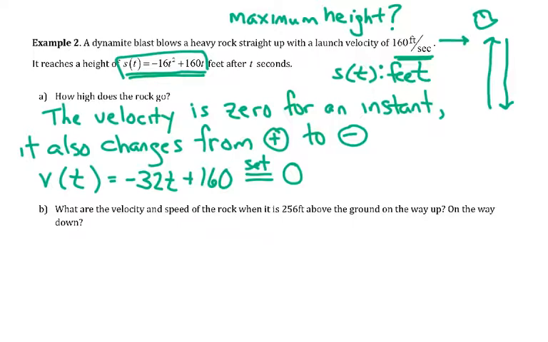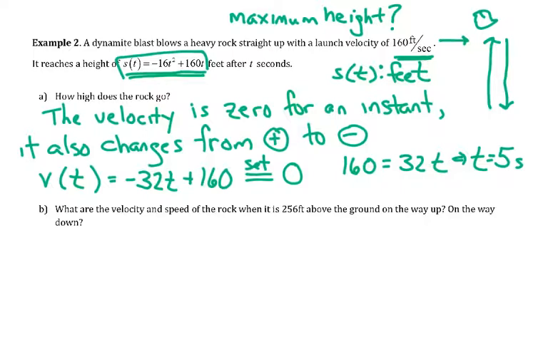Well, let's see what we get. We would get 160 equals 32t, and that tells me that t equals 5 seconds.